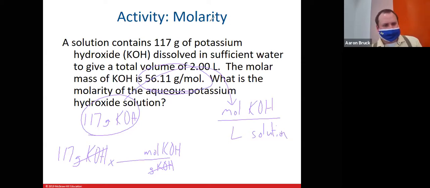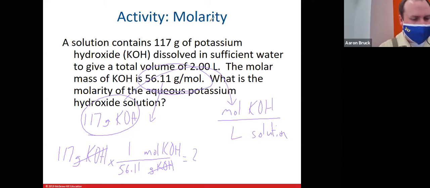My conversion factor tells me that for every 1 mole of KOH, there are 56.11 grams of KOH. And so if I do my division, 117 divided by 56.11 to 3 significant figures, I will get 2.09 moles of KOH.